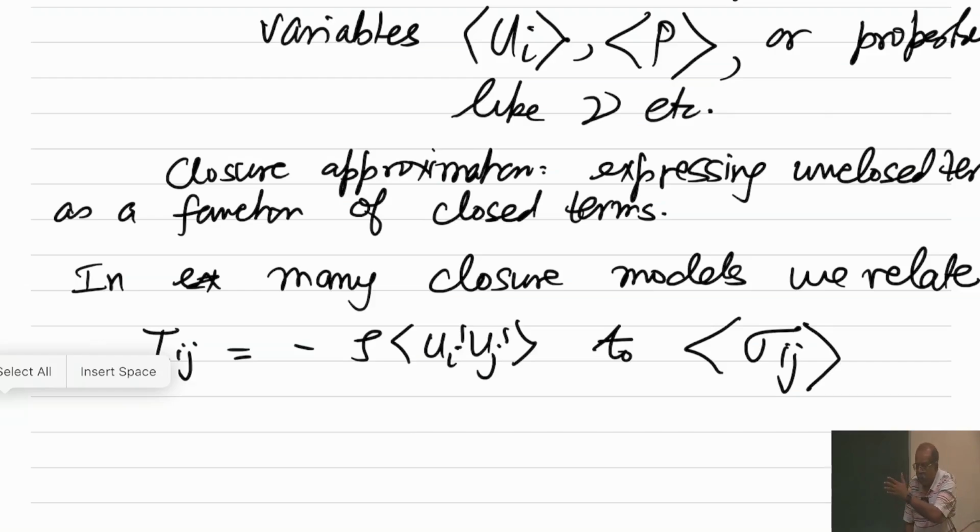That is the most simple form of the models which we can have, and here also we will see there is a wide range of models which come in here. Okay.